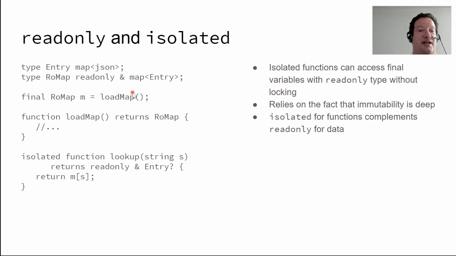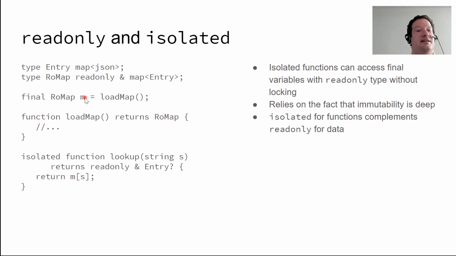So you can actually cast away the const. You could assign the RO map value to a map that wasn't read-only. And if you did that and then tried to mutate it at runtime, you would get a runtime error. You could stop that at compile time, but that would be really inconvenient from the point of view of writing programs.